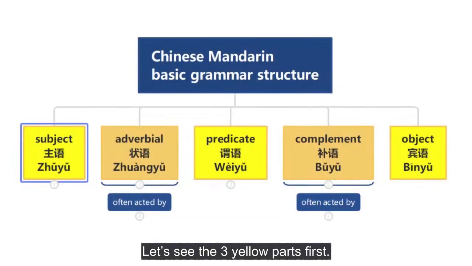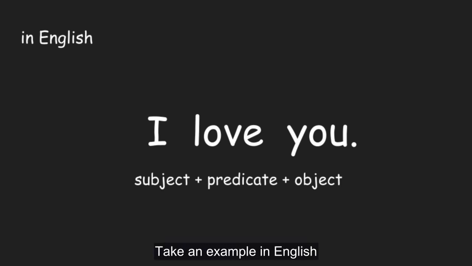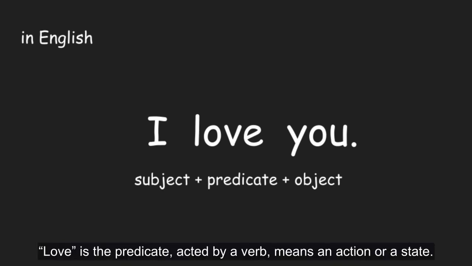Let's see the 3 yellow parts first. Subject, predicate, object. They are the roles in grammar structure that play different functions. Take an example in English. I love you. I is the subject. It is usually acted by a noun, meaning somebody or something. Love is the predicate.